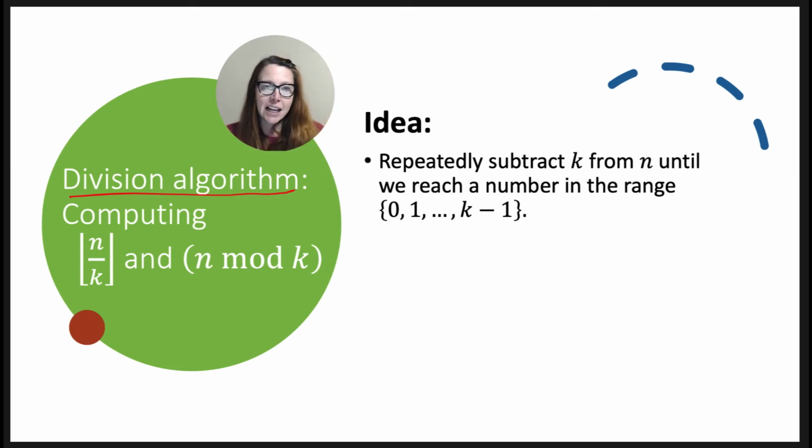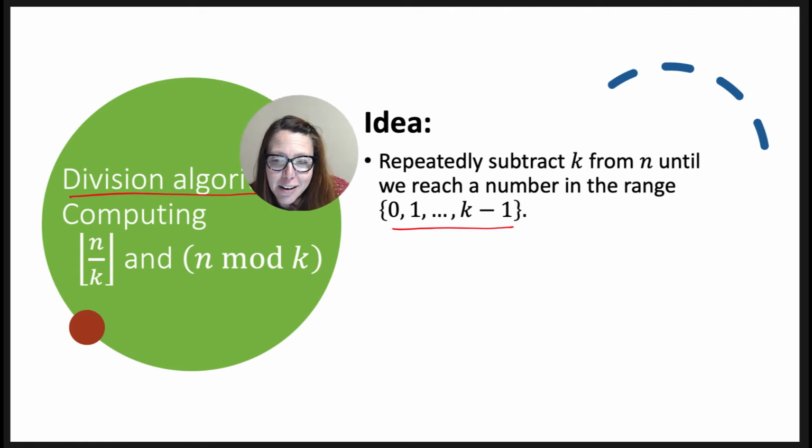And the idea behind this particular division algorithm is that we're going to repeatedly subtract k from n until we reach a number in the range 0 to k minus 1. We need that remainder to be small enough that it's less than k, and so we just continue to repeatedly subtract from n until we get to that range.